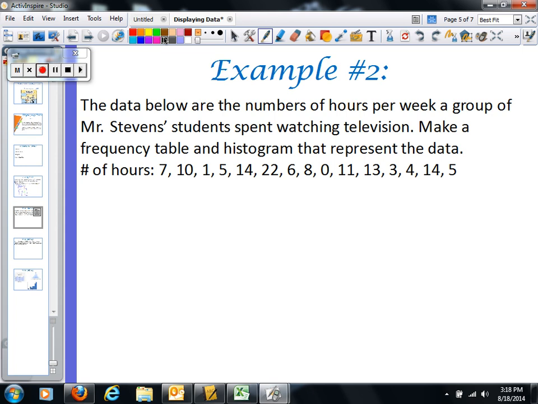Again, you have 0 as the lowest number, and the highest number right now is going to be 22.